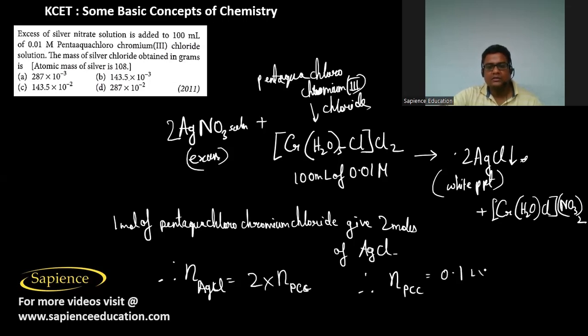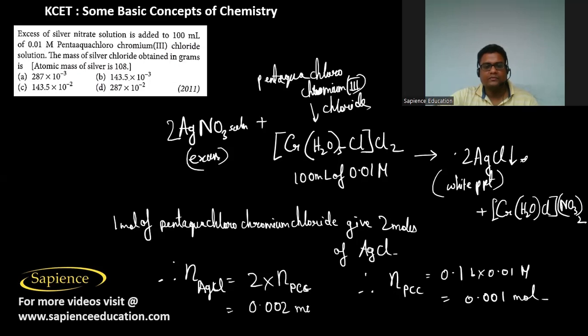So the number of moles of penta-aqua chlorochromium chloride is equal to 0.1 liter into 0.01 molar, which will be equal to 0.001 moles. So it means the number of moles of AgCl produced will be 0.002 moles. Now the atomic mass of silver is 108. Therefore, we have to find the mass of silver chloride that is obtained.